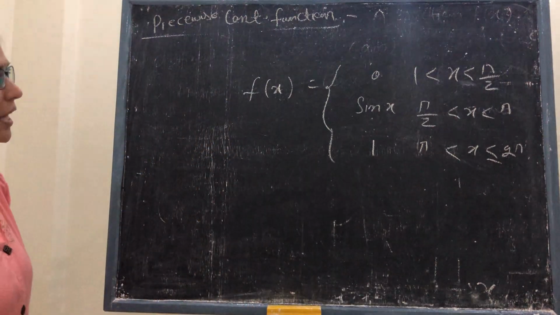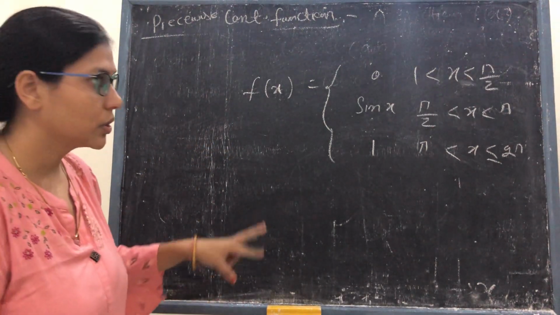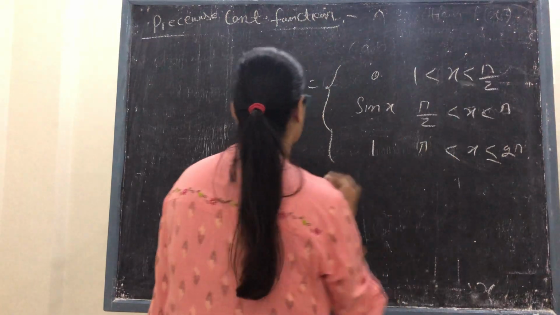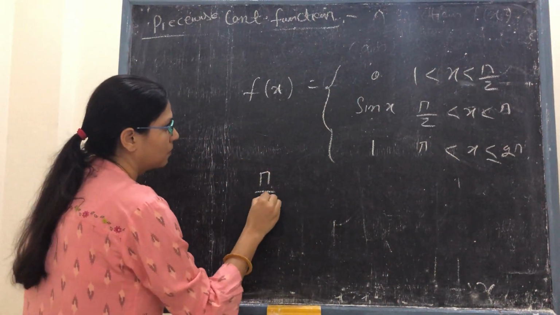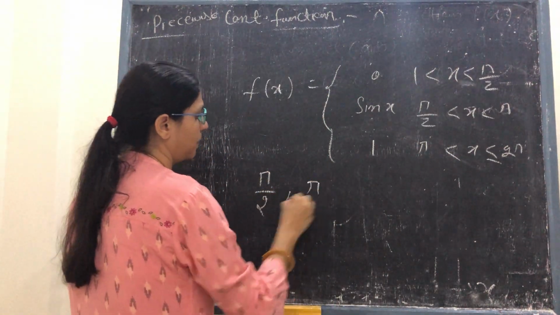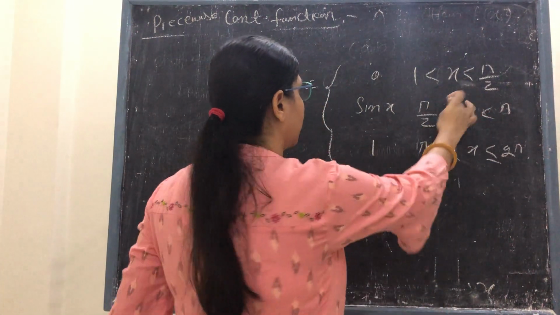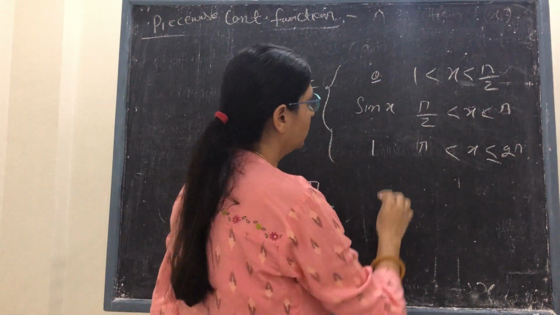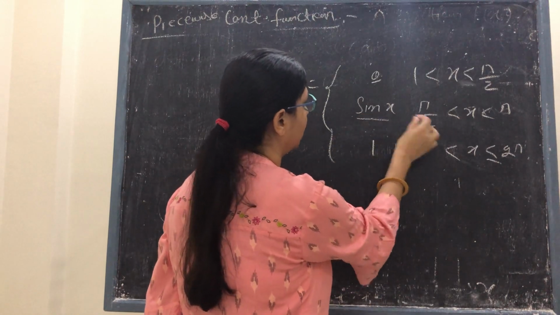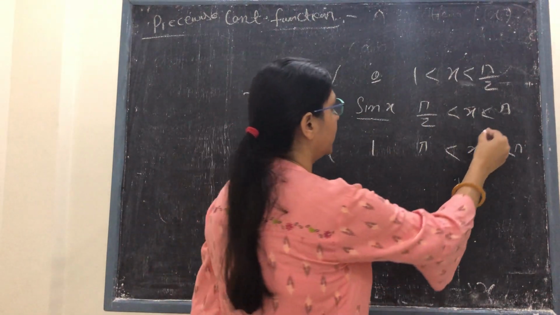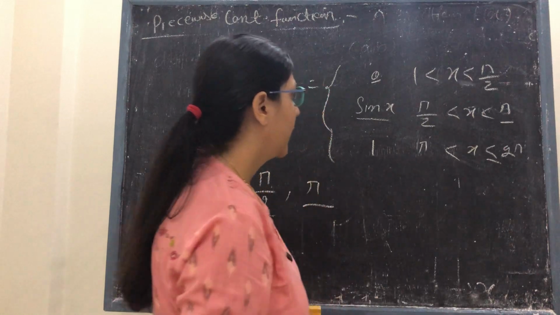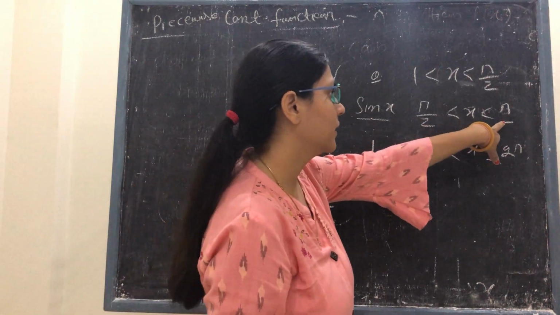Here the function has 2 points of discontinuity. Which are the 2 points? Pi by 2 and pi. Because at the point pi by 2 the function has the value 0, and at the point pi by 2 the function also has the value sin of pi by 2. Similarly, at the point pi the function has another value.